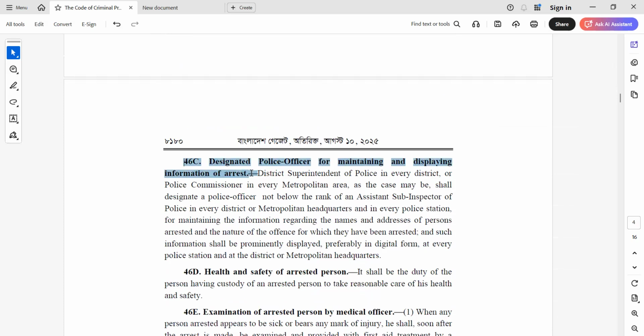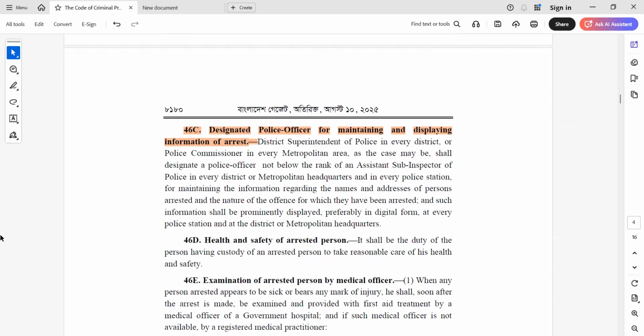Now moving on to Section 46C. Designated police officer for maintaining and displaying information of arrest. The district superintendent of police in every district or police commissioner in every metropolitan area, as the case may be, shall designate a police officer not below the rank of an assistant sub-inspector of police in every district or metropolitan headquarters and in every police station for maintaining the information regarding the names and addresses of persons arrested and the nature of the offense for which they have been arrested.